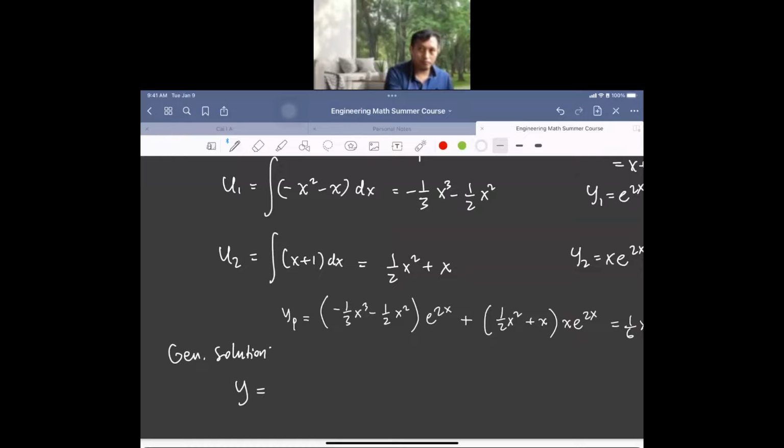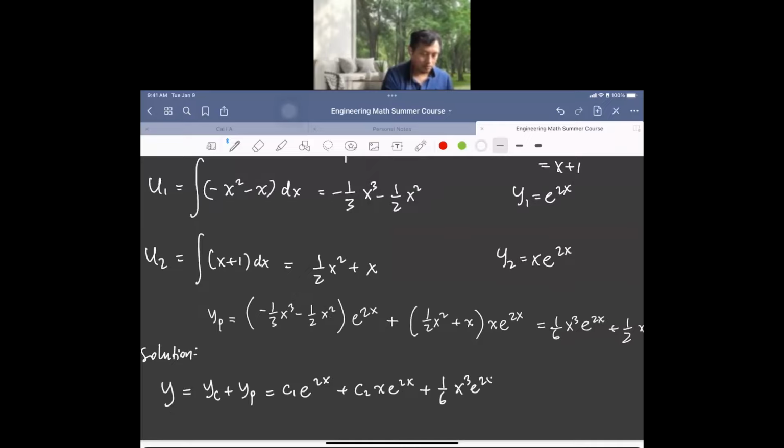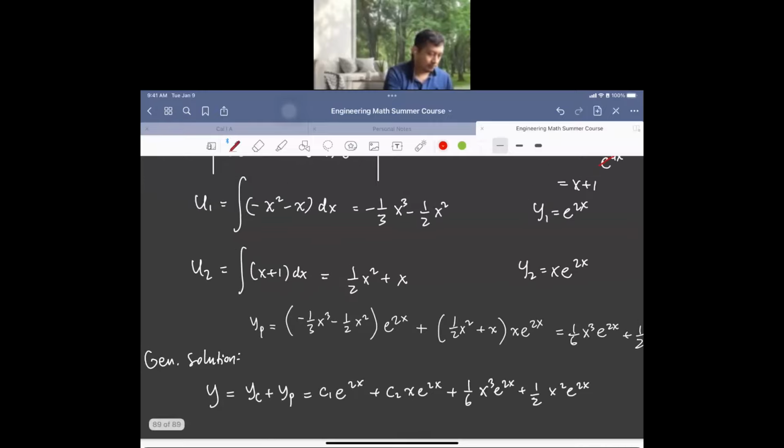So the general solution is yc plus yp, and plus this 1 over 6.